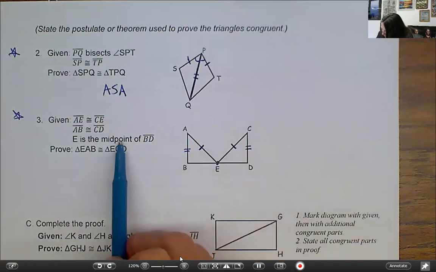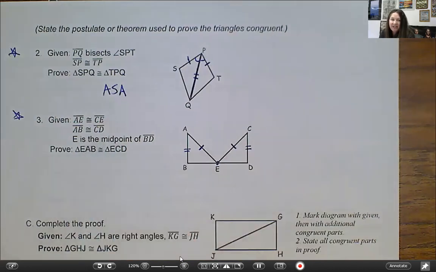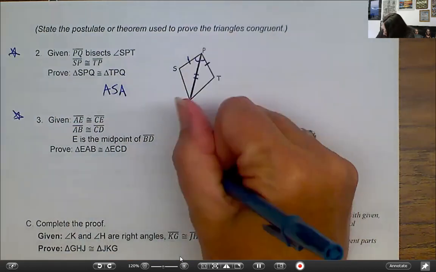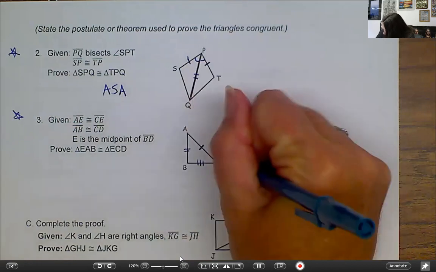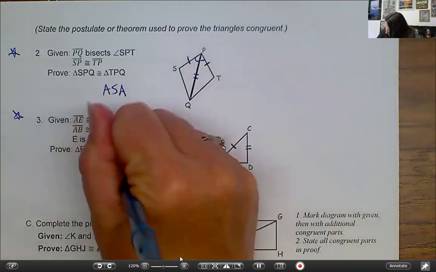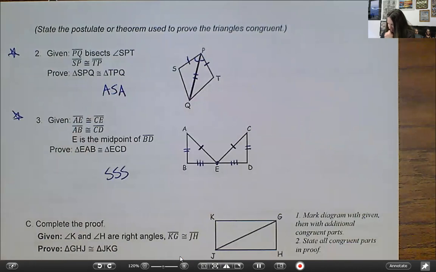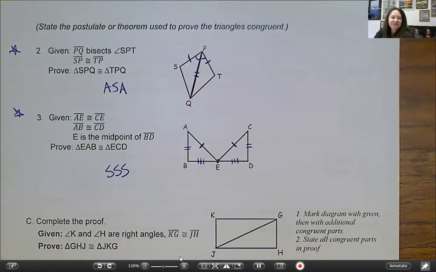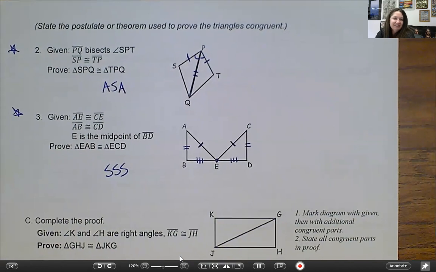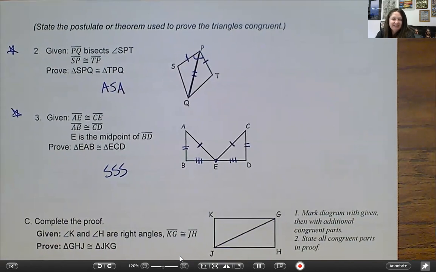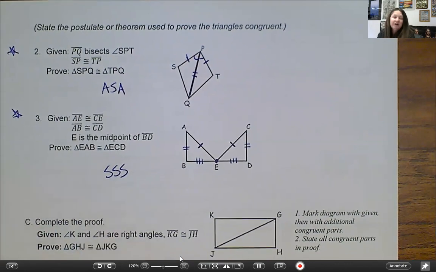Well, a midpoint divides the segment into two congruent parts. So then here we have three sets of congruent sides, and side, side, side is one of those congruency cases. So we could prove that these triangles are congruent.